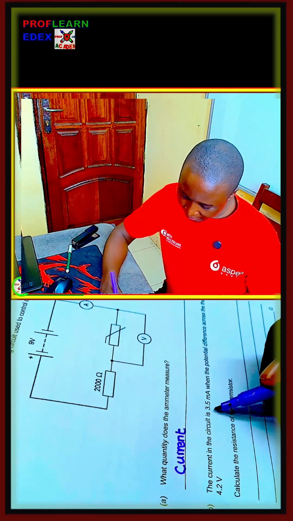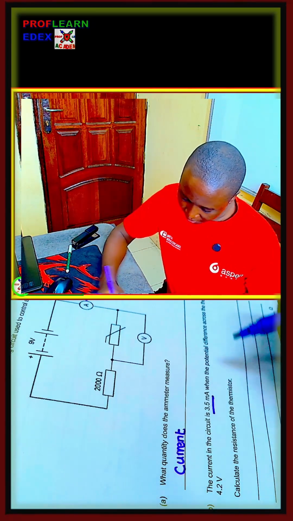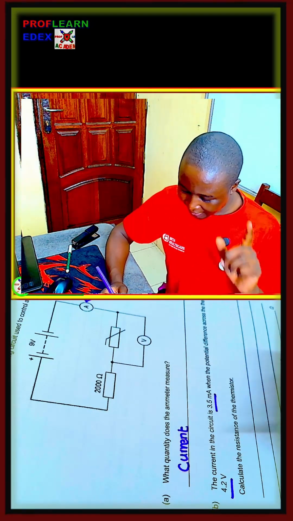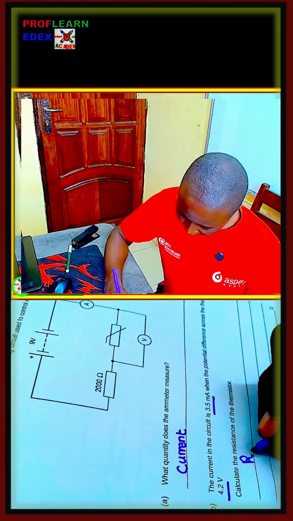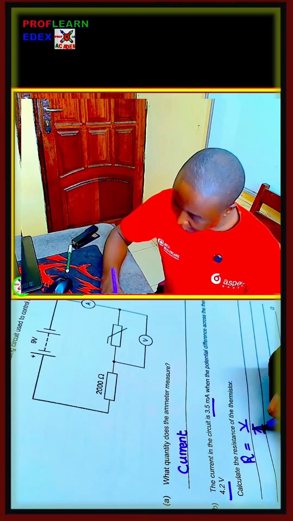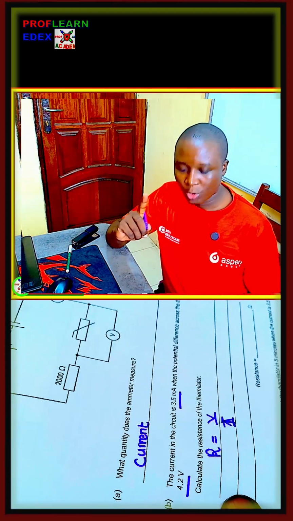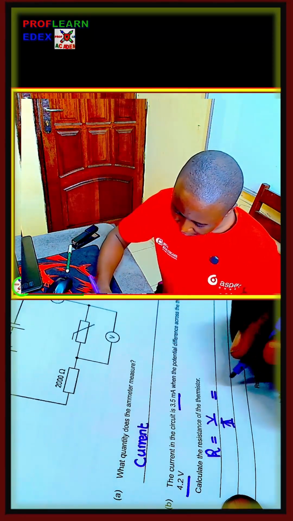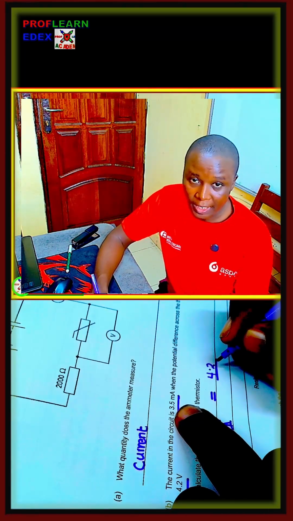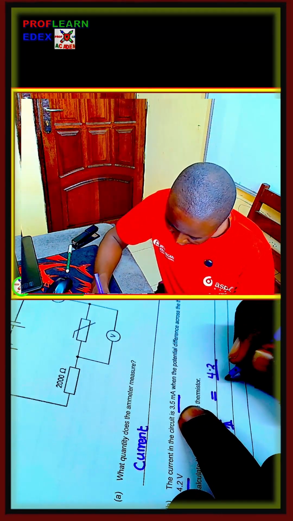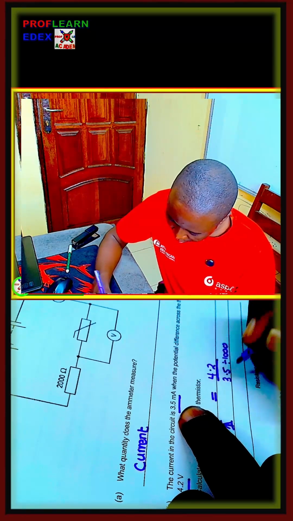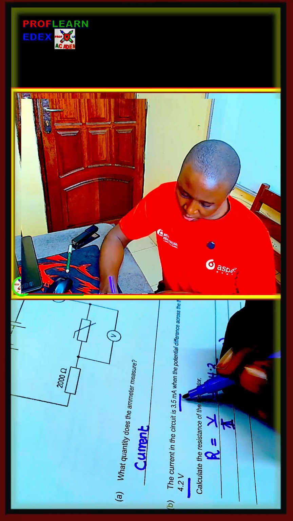The current in the circuit is 3.5 milliamperes, and the potential difference is 4.2. Then you are asked to calculate the resistance. We need to remember that resistance is equal to voltage over current, and you have to ensure that the current is in amperes. So that's going to be 4.2 as the voltage, but the current is in milliamperes, so it is 3.5 divided by 1000, so that we have it in amperes because it was milli.